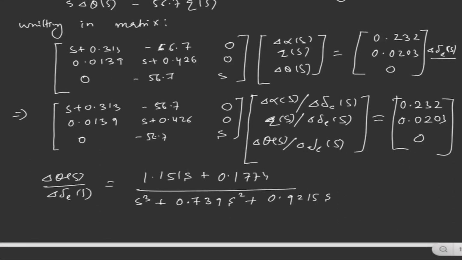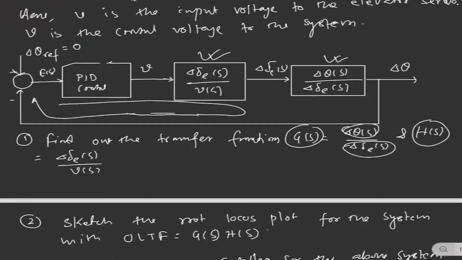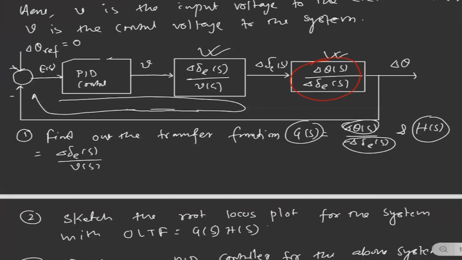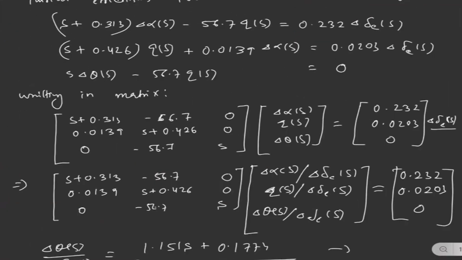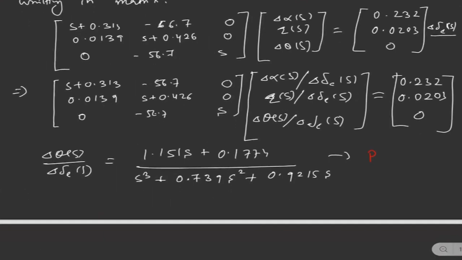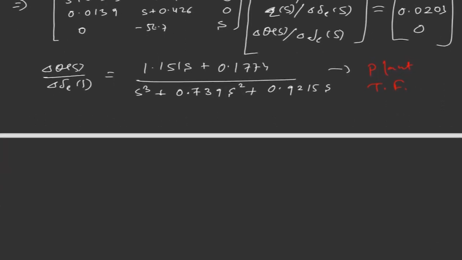So this is the plant transfer function we found, which relates delta theta and delta delta E(S). This is the plant transfer function. Now we have to find H(S).